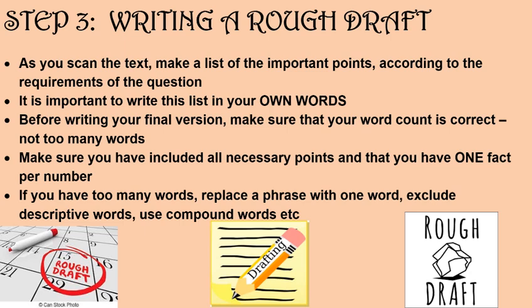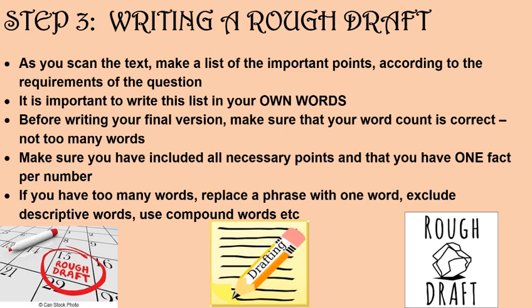So when we mark until we have 7 or the 7 facts that are required. So please make sure that you do not exceed or go over the word count, but that you include 7 relevant facts, 1 fact per line or per number.